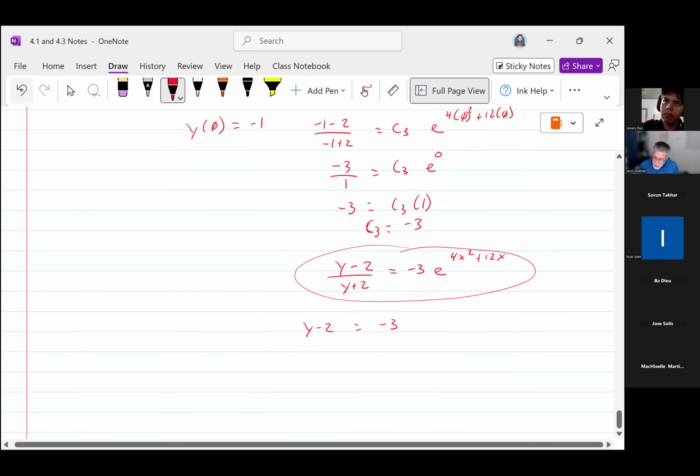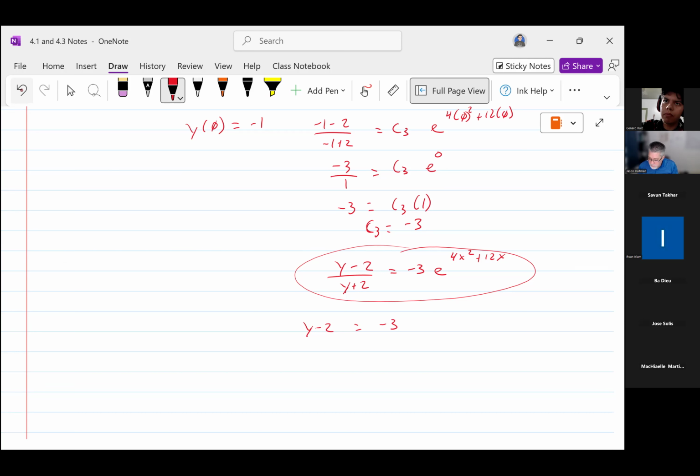But you could stop here if you really wanted to. You would get full credit on an exam if you stopped at this point. We evaluated the constant, and it's no longer a function that involves any differentials, no y prime or y double prime.